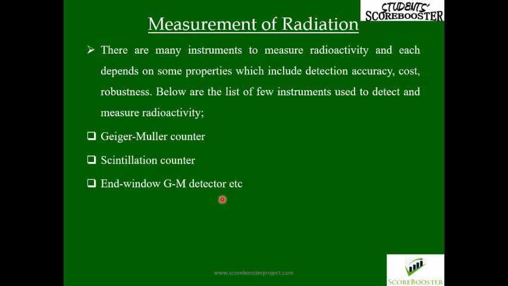But that is not our job here. Our job is just to know. In fact, the principle of operation is less of our concern. Physicists should be able to do justice to that. So these three are the most used instruments to measure radioactivity: the Geiger counter, the scintillation counter, and the window GM detector.